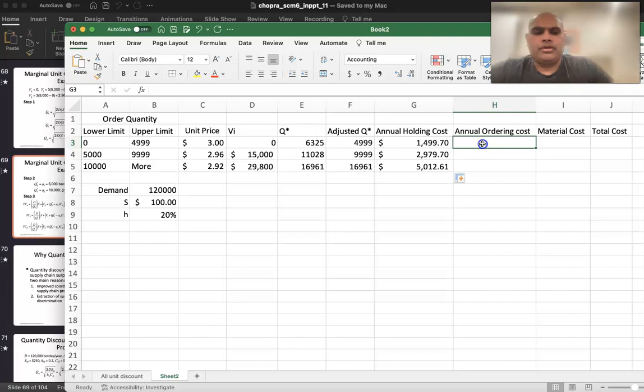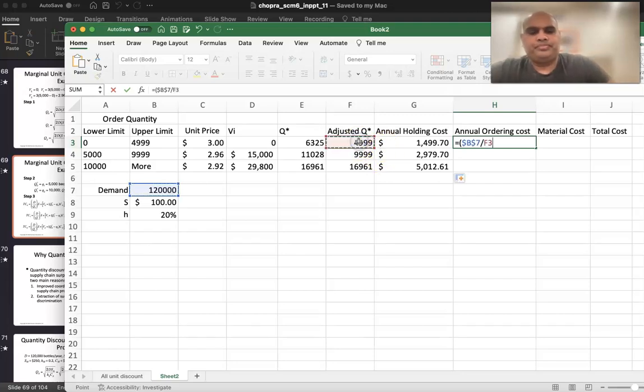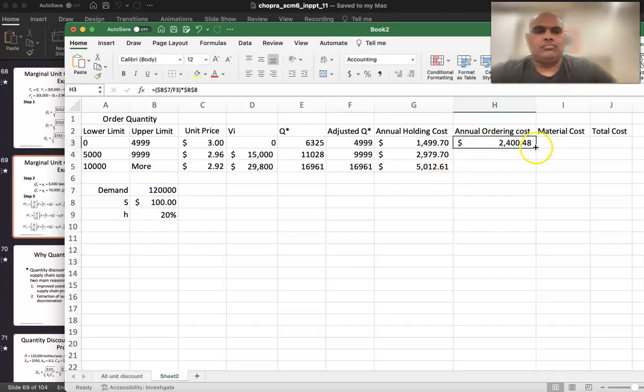Let's calculate the annual ordering cost. So this is going to be D over Q times S, and finally the material cost.